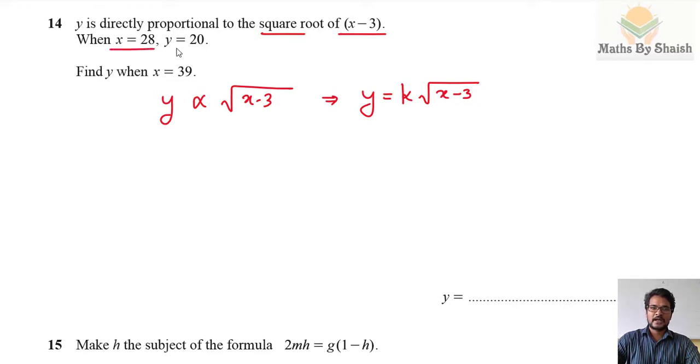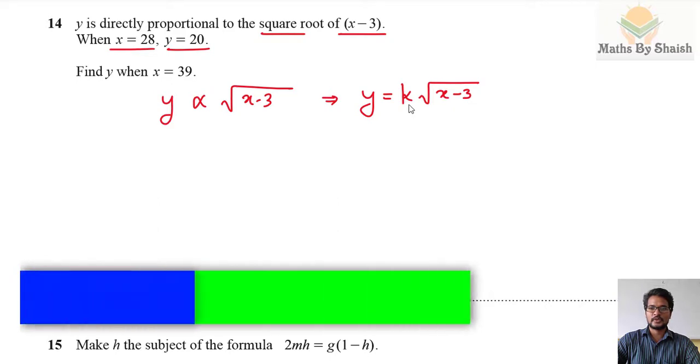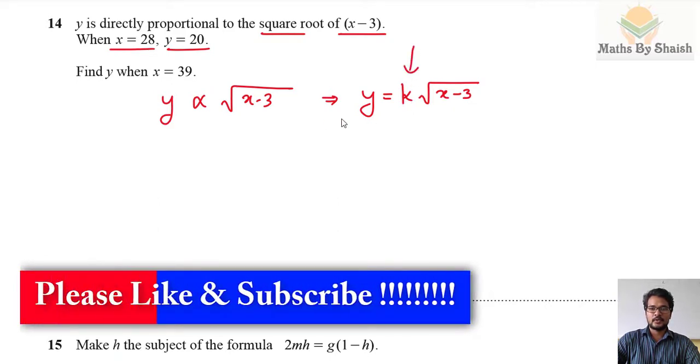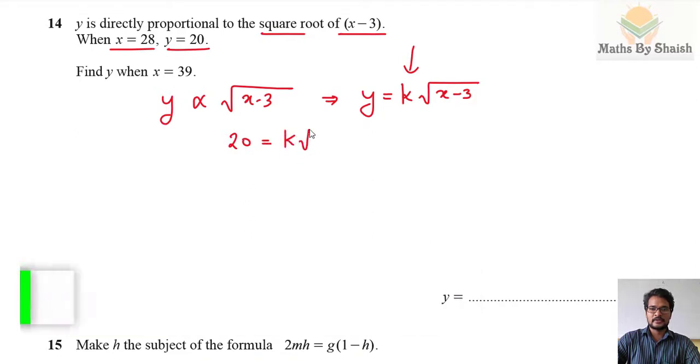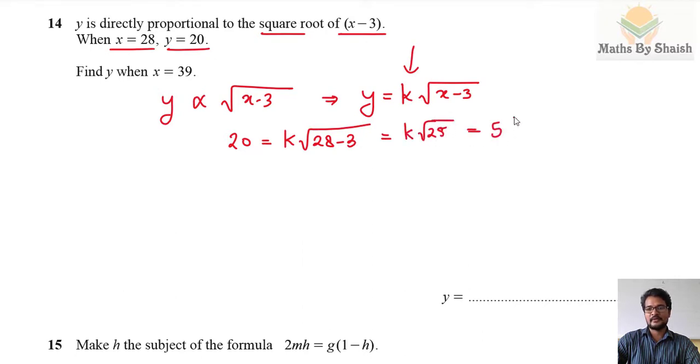Now it is given that when x equals 28, y is 20. So we'll substitute here so that we can get the unknown value, and hence we get 20 equals k times the square root of 28 minus 3. 28 minus 3 is 25, and root 25 is 5, so it becomes 5k, and hence we get the k value as 20 over 5, that is 4. So k equals 4.